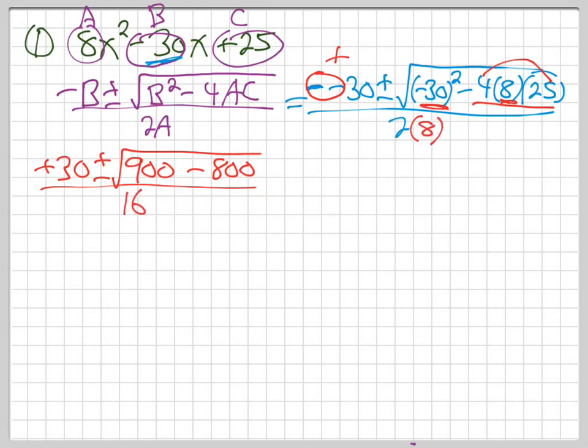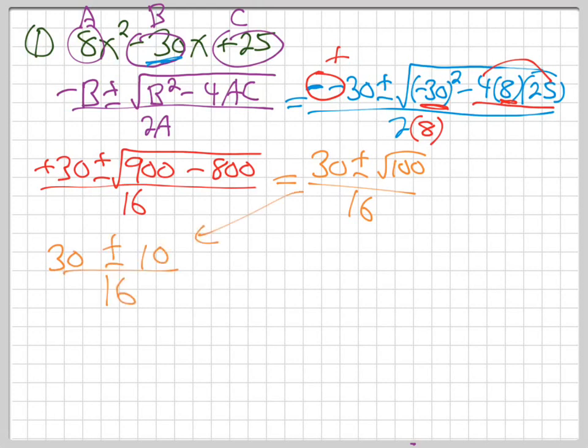All right. And so where does that go? So that's equal to 30 plus or minus the square root of 100 over 16. So that's 30 plus or minus 10 over 16, because square root of 100 is just 10, no more root. Remember, after you do the square root of 100, it vanishes when it becomes a 10.